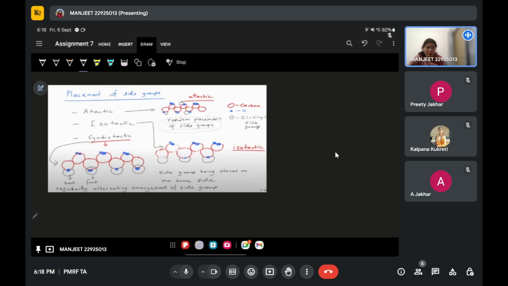So we have a proper arrangement where one side group is on one side and another on the other side. So this belongs to iso, meaning same, the same kind of arrangement.